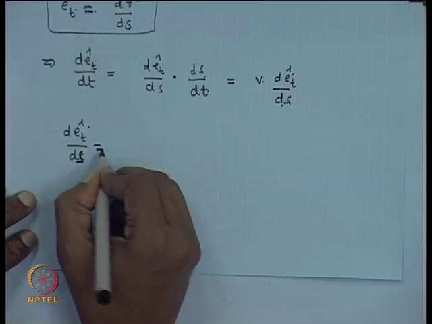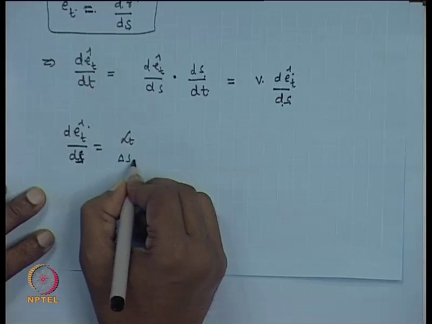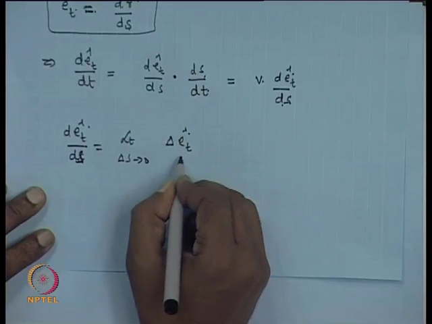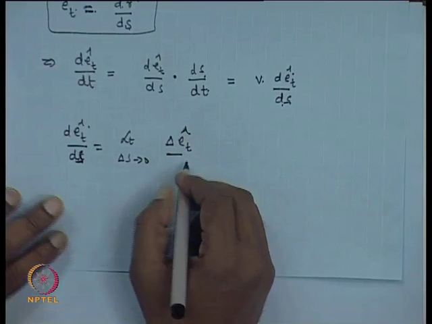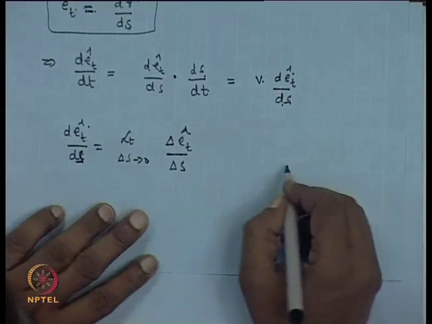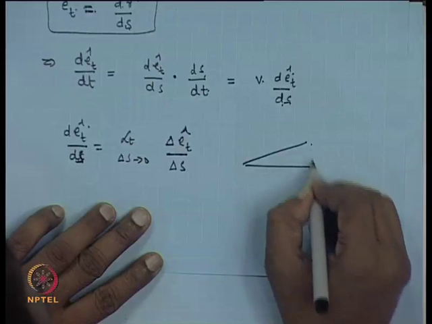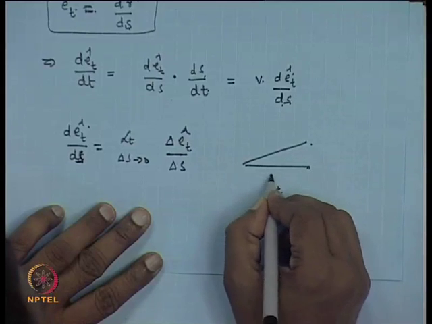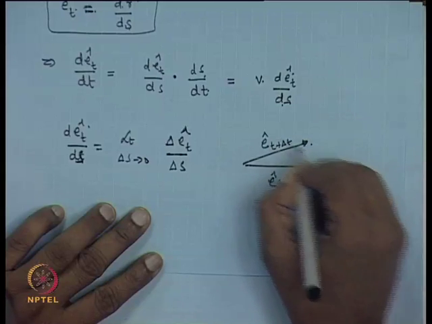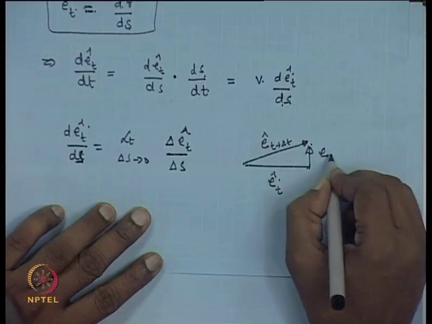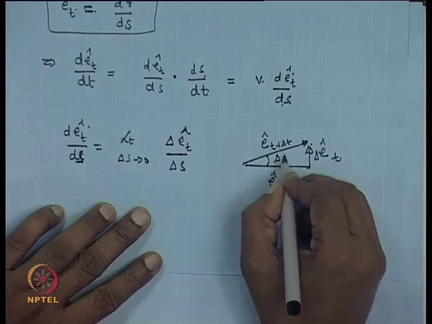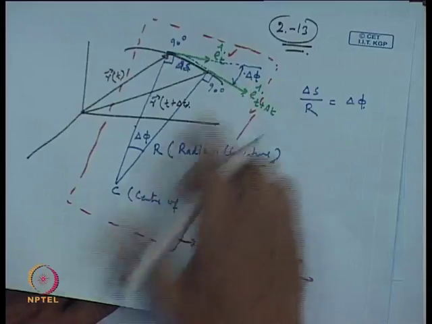d Et cap by ds we can write as the limit delta s tends to 0 of delta Et cap divided by delta s. As earlier we have done, this is your Et cap and this is your Et plus delta t cap, and this is delta Et cap, and this angle, as shown in this figure, is the delta phi angle.